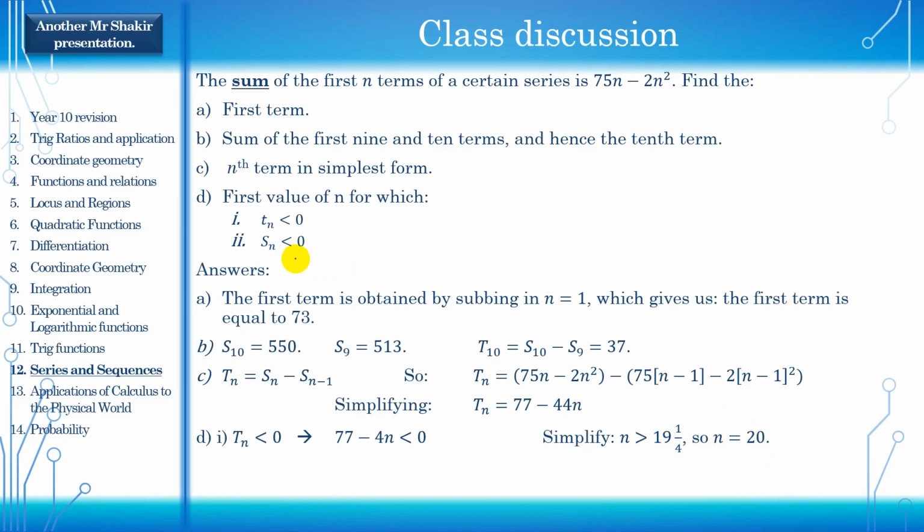And S of n is less than 0. We just let 75n minus 2n squared be less than 0, and we solve it. n is more than 37 and a half, so n has to be 38. The sum of the first 38 terms will be negative. It'll be the first sum which will be negative.